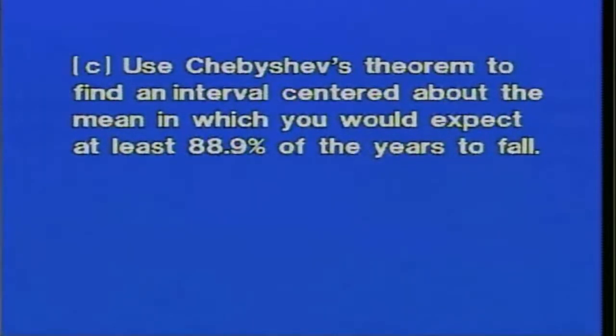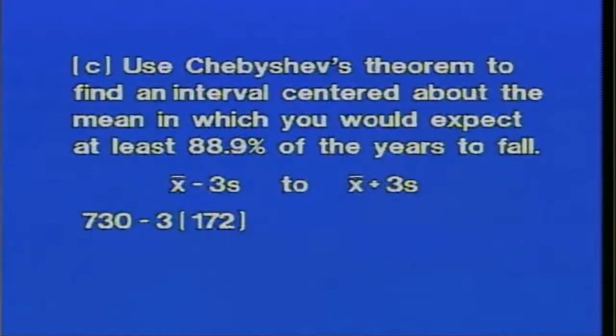We can think about it using the graph, and we'll do that in a few minutes, but before we do that, we might make the calculation strictly algebraically. And to do it algebraically, we know that the range we're talking about is the mean minus 3 standard deviations to the mean plus 3 standard deviations. That's the range we're talking about.